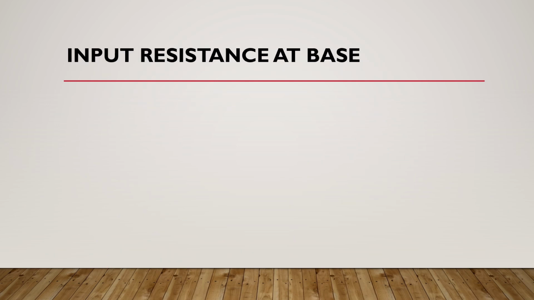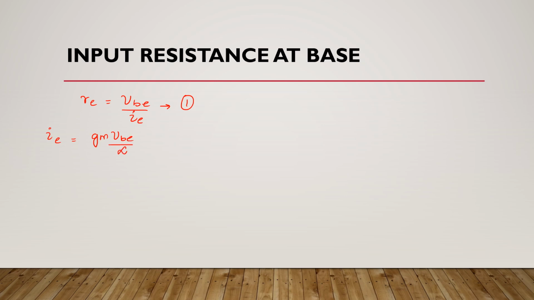Now, in this case, the small signal resistance between base and emitter is denoted by re, and it is defined as vbe divided by ie. This is equation number 1. We know that this small signal emitter current is equal to gm vbe divided by alpha.